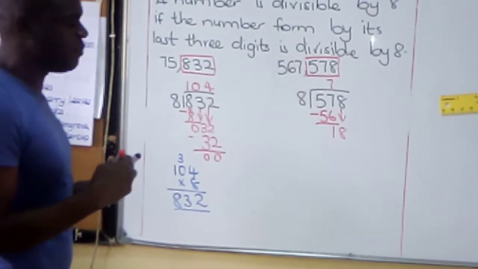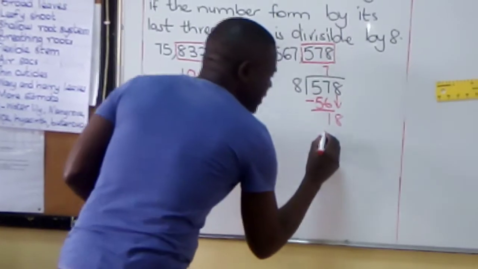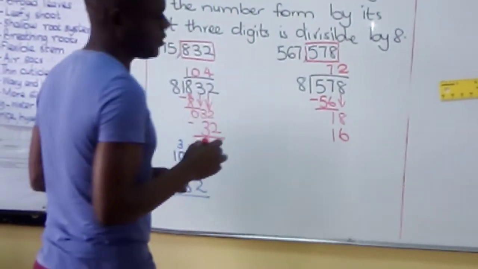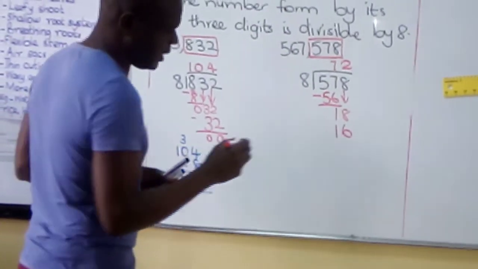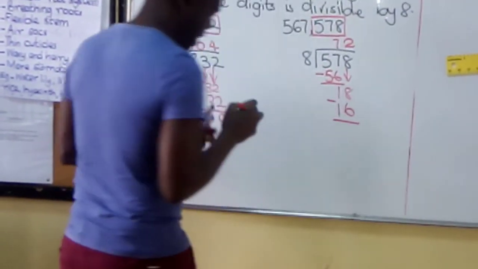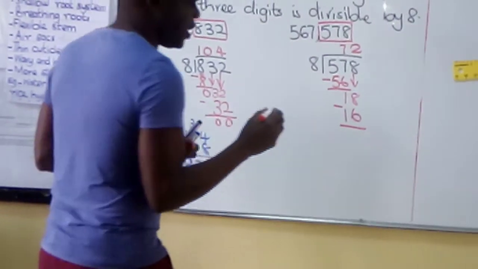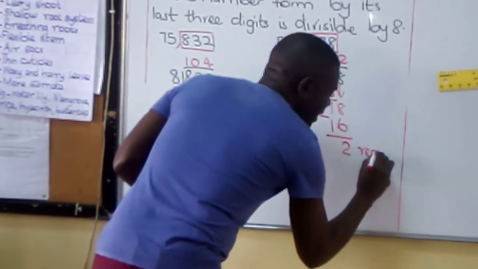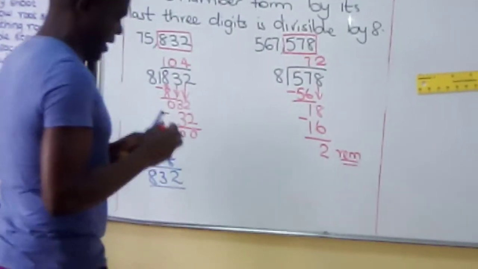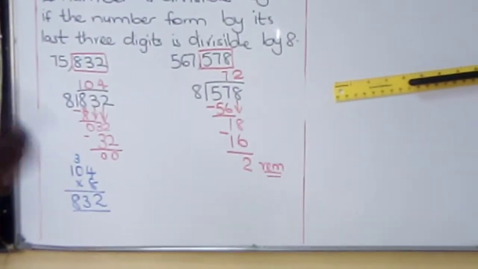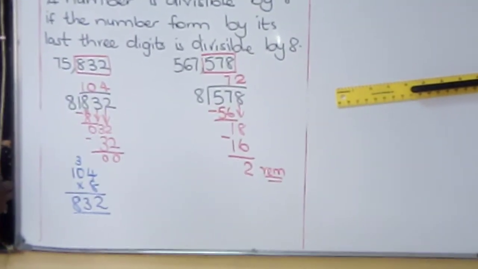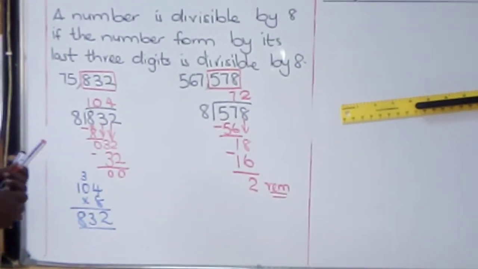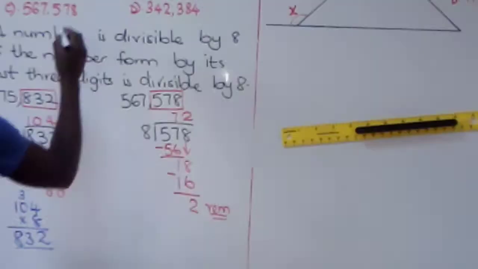But the closest multiple of 8 is 16. Is 16 because of 2. Because 2 times 8 is 16. We subtract 8, take away 6. We remain with 2. And so there is a remainder. And if there is a remainder, that only proves that 578 is not a multiple of 8. And so we disqualify that.